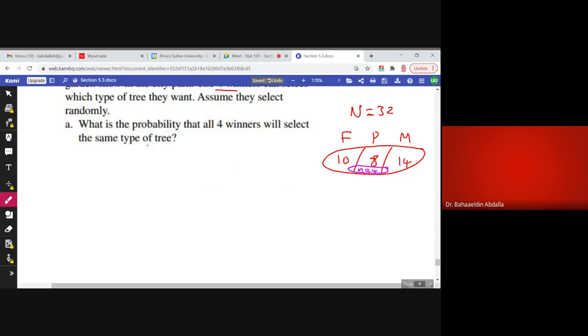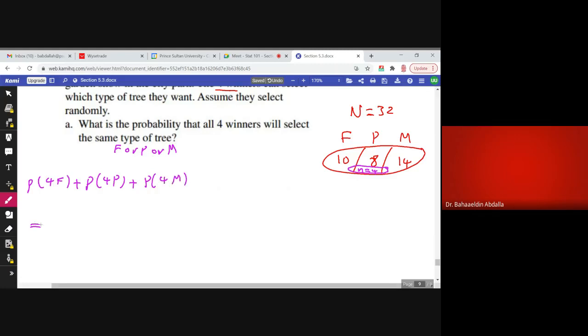Well, the same type of tree means F or P or M, and or means plus. So you need to find the probability that 4 trees selected are fruits plus the probability that 4 trees selected are pine trees plus the probability that 4 trees selected are maple trees.